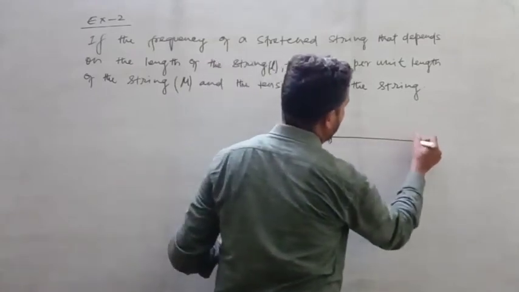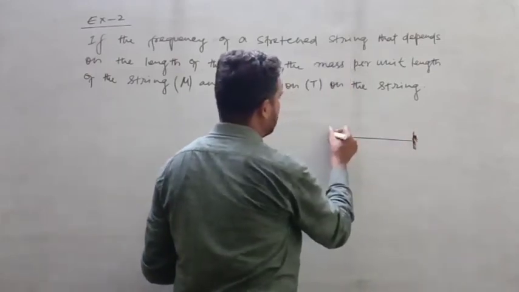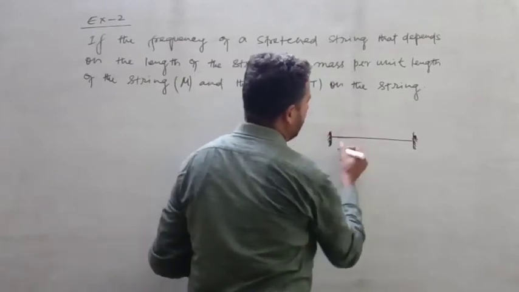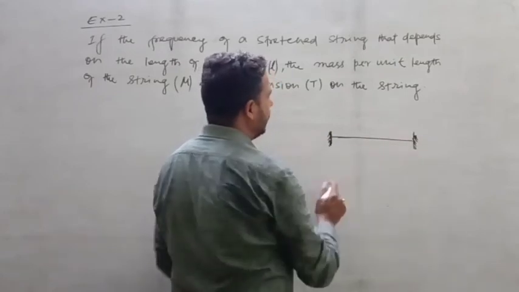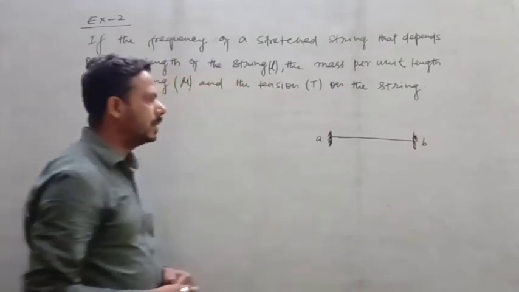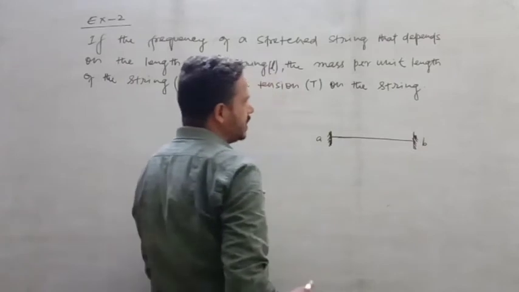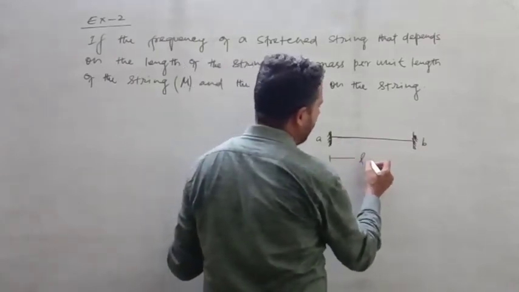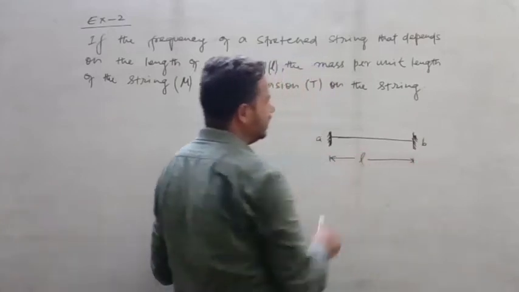This one is a string connected with two vertical walls, and suppose A and B are the two supports. So this one is your string. If this string has length L, then your frequency depends on this length L.